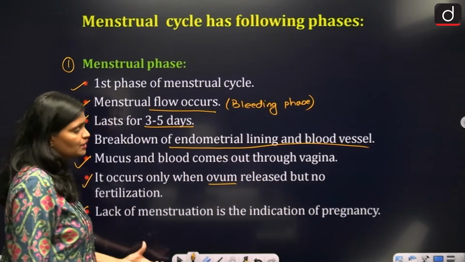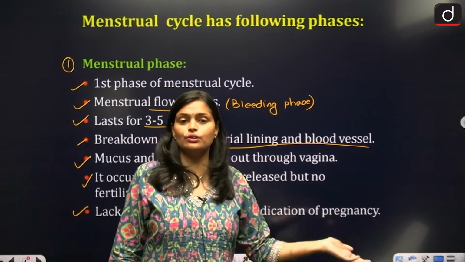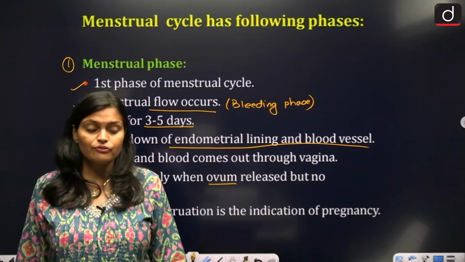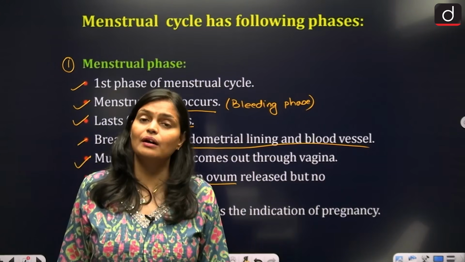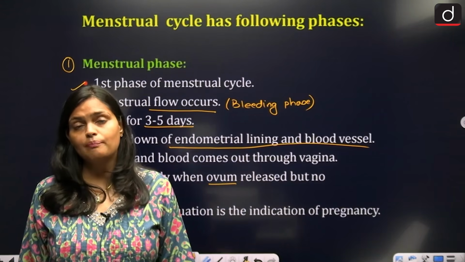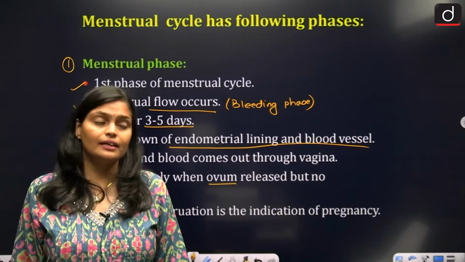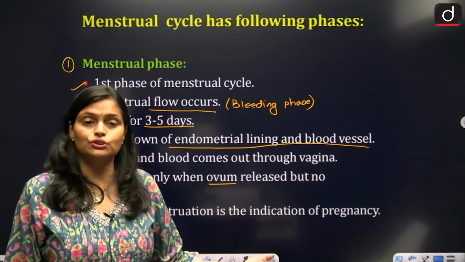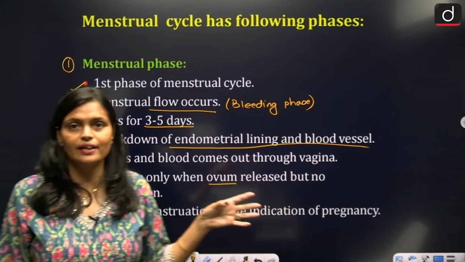Lack of menstruation is basically the indication of pregnancy. If the menstrual cycle stops, then it is basically an indication of pregnancy.